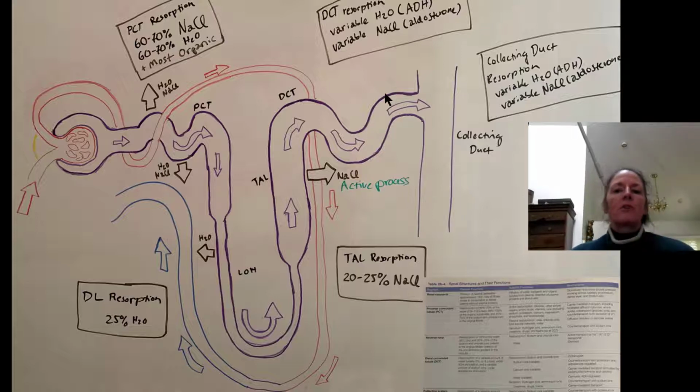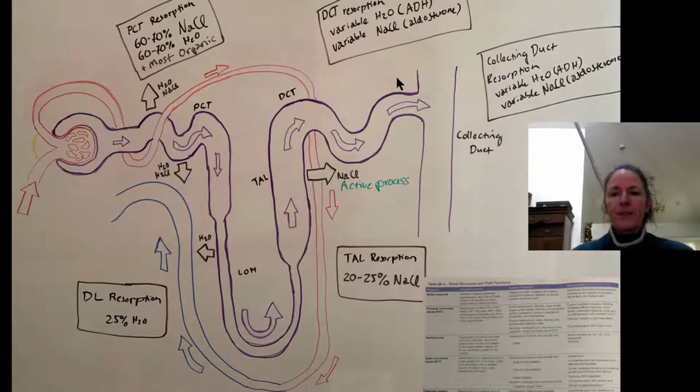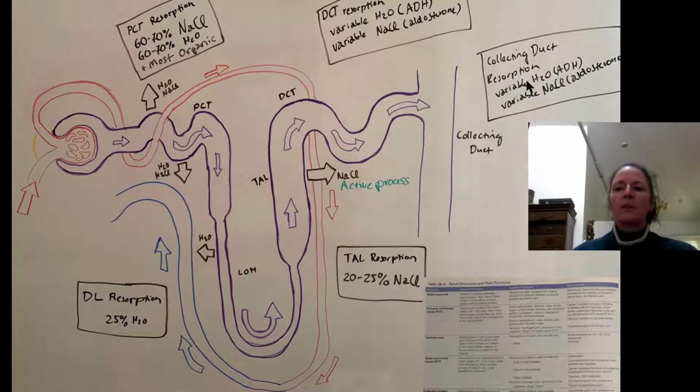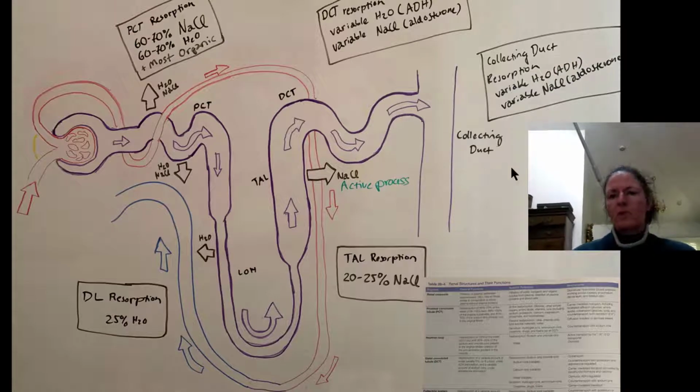Once they get put into the cell membrane, now the water has a free passage. And the same is true over here in the collecting duct. So we have aquaporins that will be inserted into the cell membrane under the influence of antidiuretic hormone, and that will allow more water to be resorbed. It's a small amount, maybe 5% of the water we start out with over here.